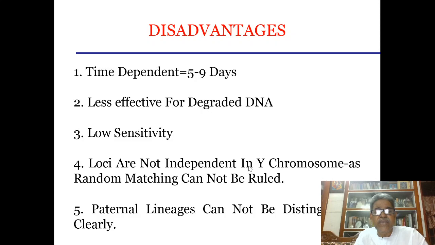Loci are not independent in the Y chromosome, so random matching cannot be ruled out. Paternal lineage cannot be distinguished clearly. Another disadvantage is that it is very costly. Around 400 American dollars are required for this test.